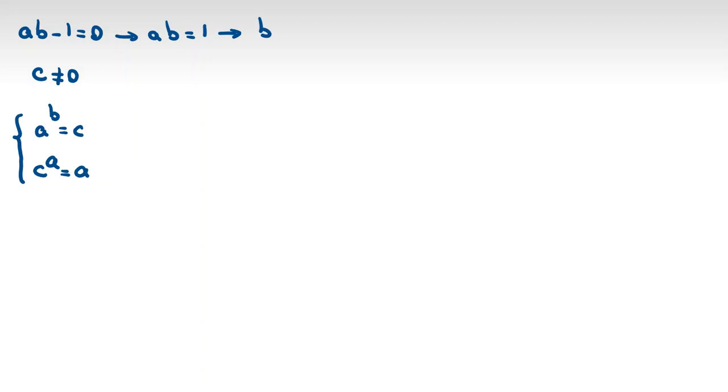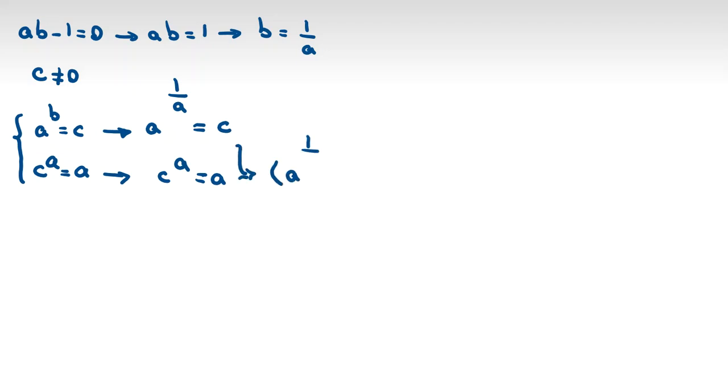ab is 1, so you can say b equals 1 over a, and we know a and b are not 0 because the product is 1. If I replace, a to the power of 1 over a equals c, and c to the power of a equals a. If I replace this c here, then a to the power of 1 over a, to the power of a, equals a.